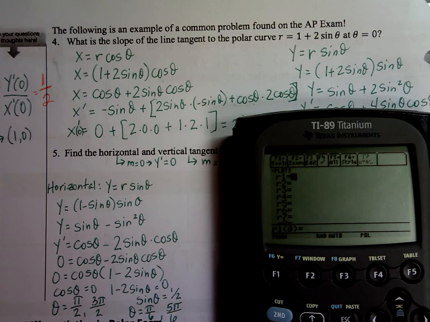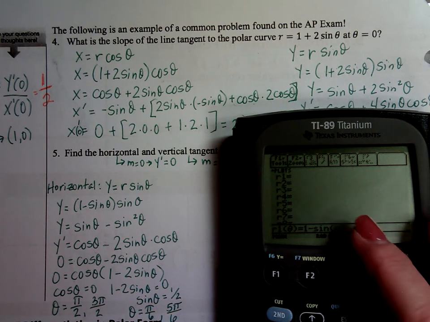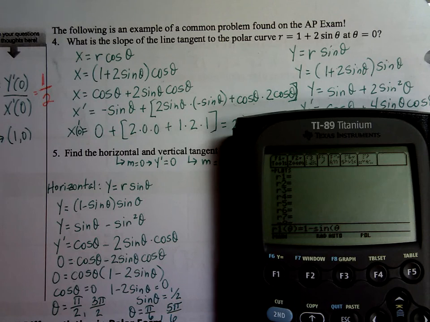So you're going to put in your r, what you have for your original equation, 1 minus the sine of theta. Now theta is next to the pi. It's over with your caret, so it's green, and then pi gives you the theta. And so you can see there's my equation just like my r should be. Cool.